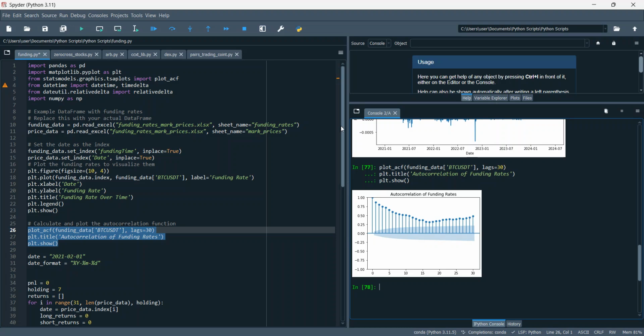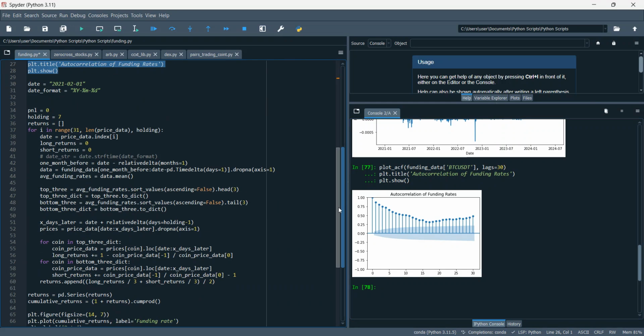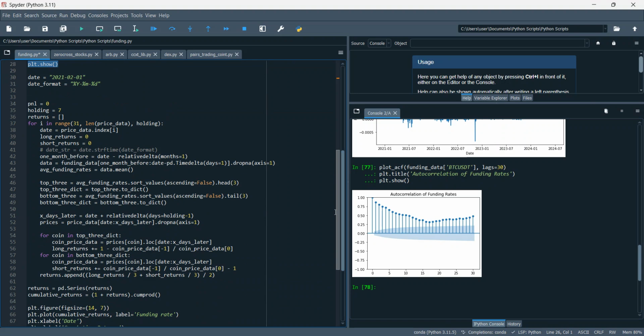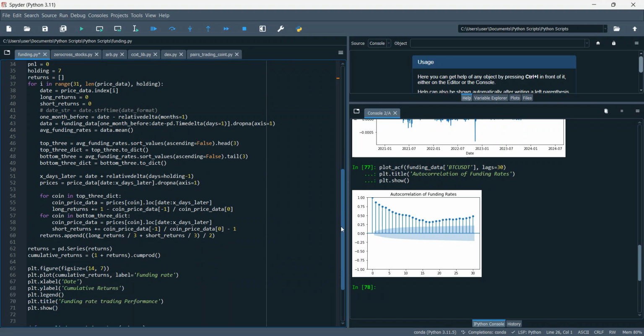So I tested here a strategy called dirty carry. What does dirty carry mean? At some period, we look at funding rates and select three coins with the highest funding rates and three coins with the lowest funding rates.